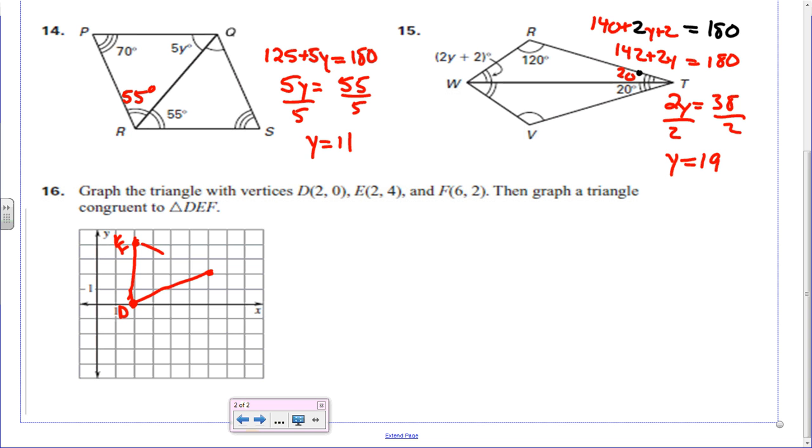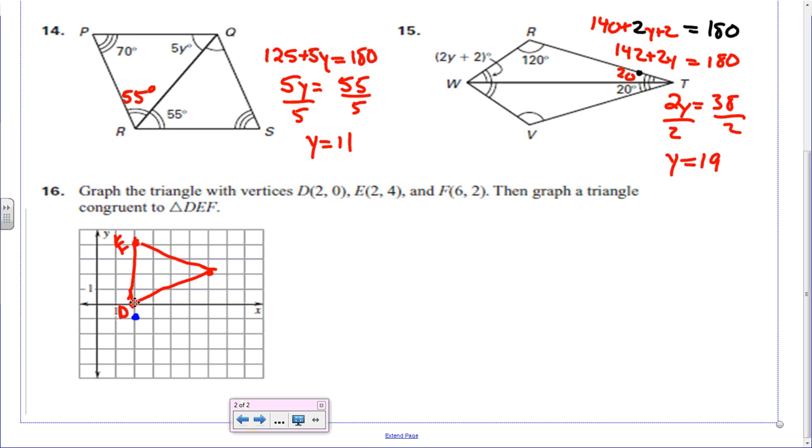So we have this triangle here. It says then graph a triangle congruent to triangle DEF. The easiest way to do this is to start at the same endpoint D, or we can even start one below it.